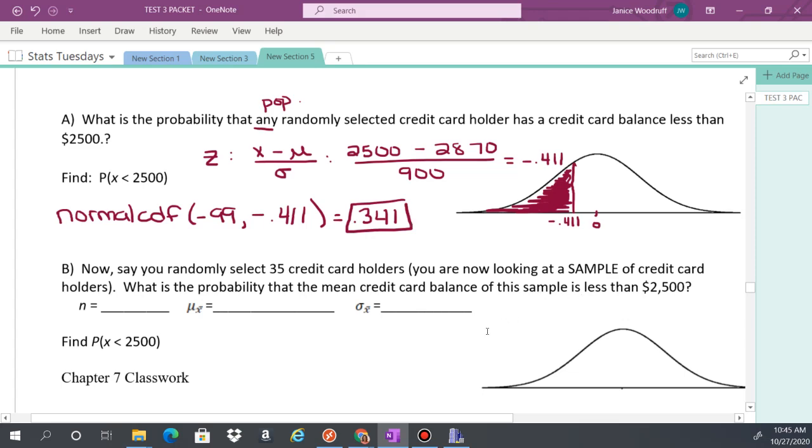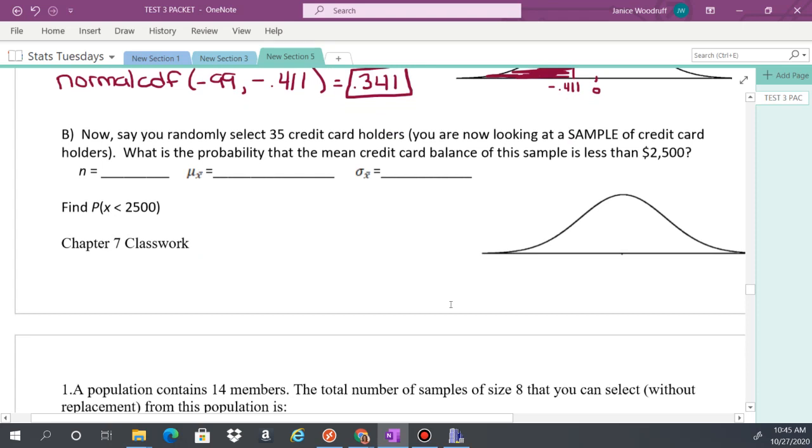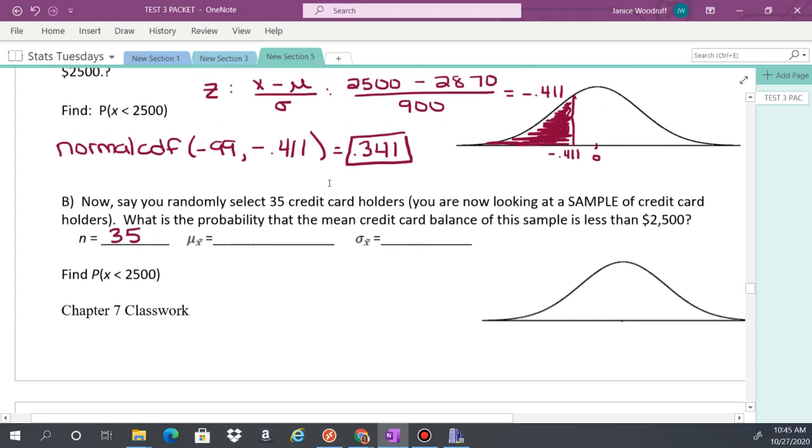So it's the same problem, but now we're looking at a sample. So that means the denominator of our z calculation is going to be different. So in this case, you now have a sample size of 35. Your mean is still going to be the same, which was 2,870.